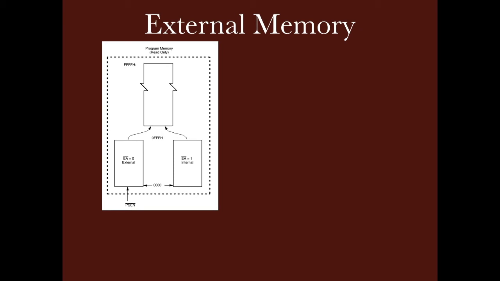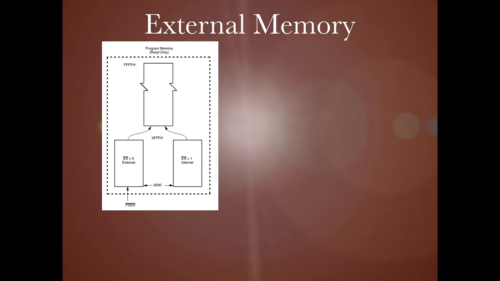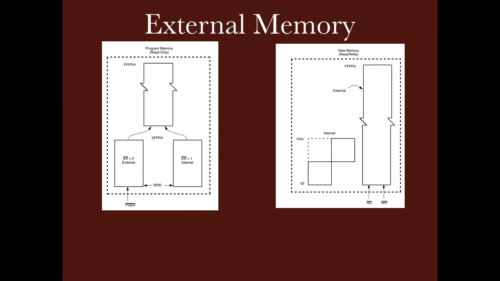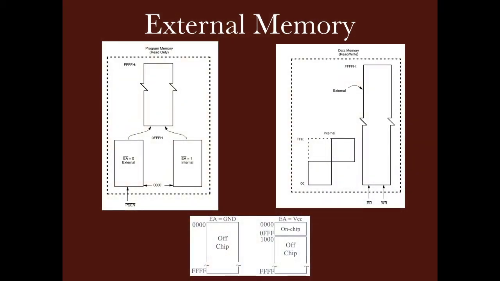Whenever EA bar is low, we use PSEN bar for the read operation. This is the external RAM, the data memory, so we are using read bar and write bar here. Elaborating further on EA bar, when we are using off-chip ROM, EA bar is low.